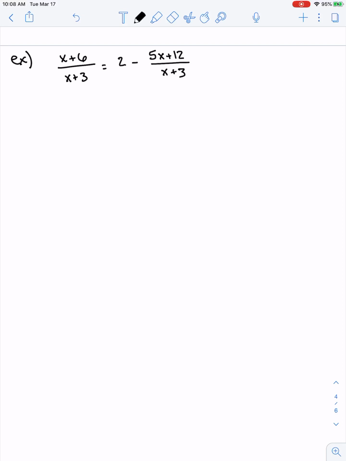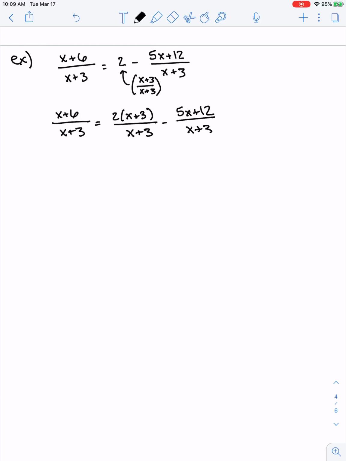This one's quite nice because my two rational expressions already have a common denominator, so I just need to multiply this one by x plus 3 over x plus 3 to get its common denominator. So I end up with x plus 6 over x plus 3 is equal to 2 times the quantity x plus 3 all over x plus 3 minus 5x plus 12 over x plus 3.